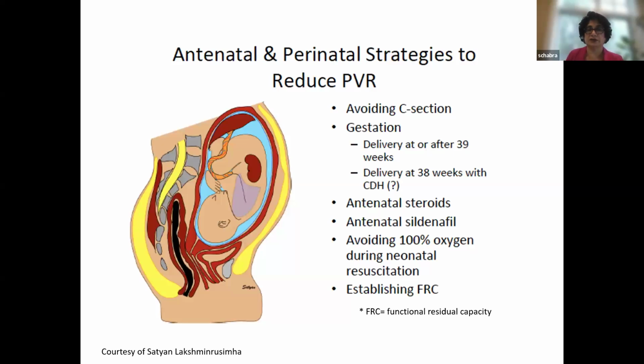Delivery at or after 39 weeks is ideal. Antenatal steroids, please use antenatal steroids. Antenatal sildenafil is questionable. Avoid 100% oxygen during neonatal resuscitation. So we all start with 30% if needed. We start with room air for full-term infants, but 30% for the tiny babies, and establish a good functional residual volume.